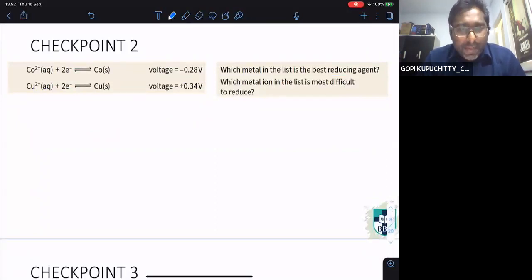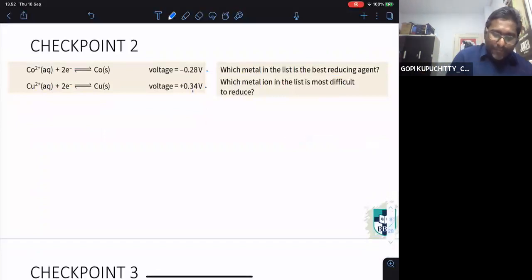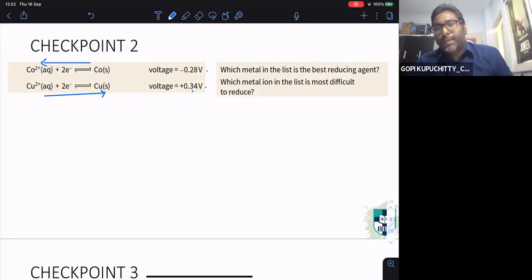So you see here, the voltage is going to be negative 0.28 and positive 0.34. What do you do first? The first thing, more positive. This is going to go to the right, so this one will go to the left. This is the first thing you do.